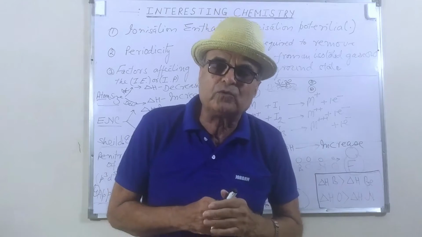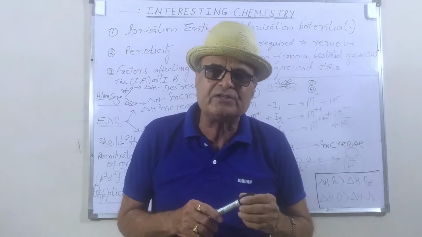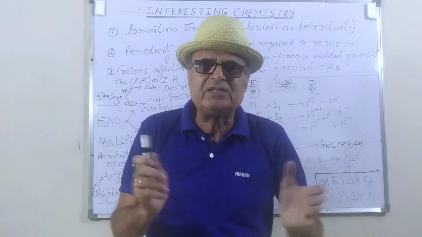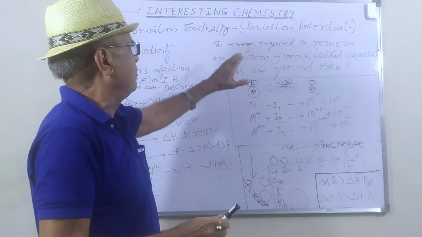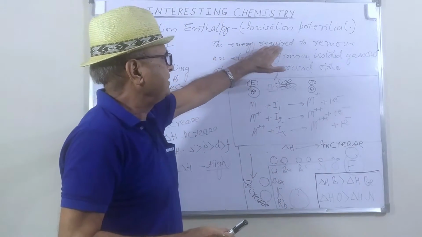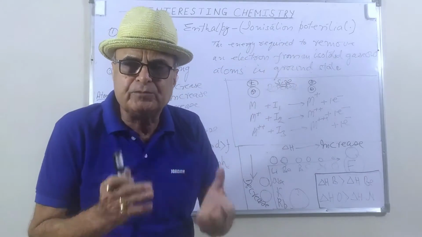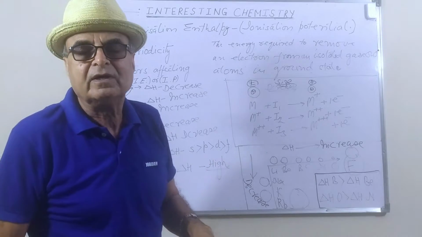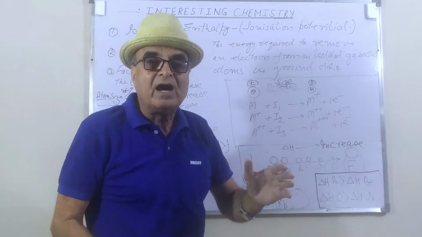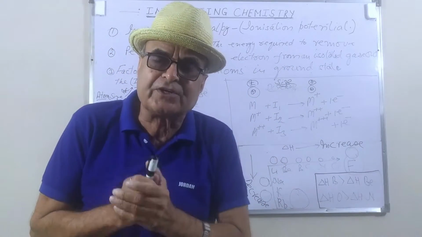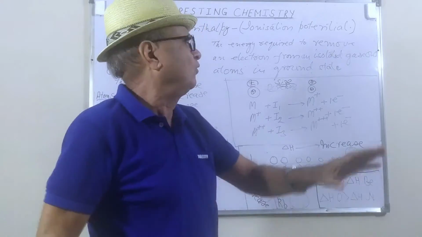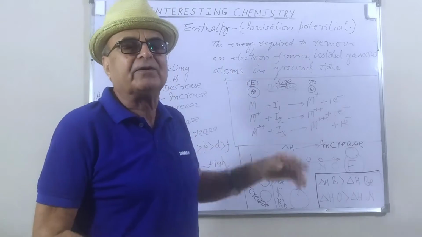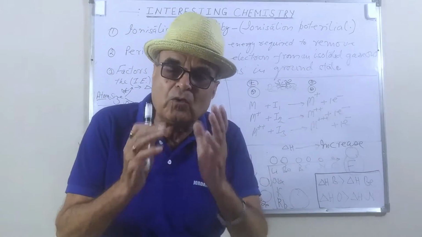So if you want to define the ionization enthalpy, you can write: the energy required to remove an electron from an isolated gaseous atom in the ground state.